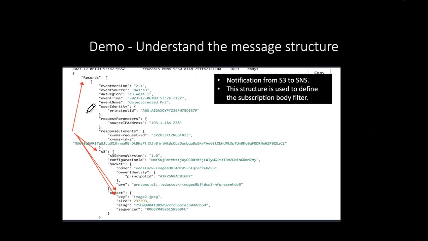But I've got to describe this structure to SNS so that it can, because it's actually doing the filtering. So it needs to essentially find this property here and decide, should I let this message through or not? Clearly, SNS doesn't know anything about S3 message structures. We've got to tell it that.